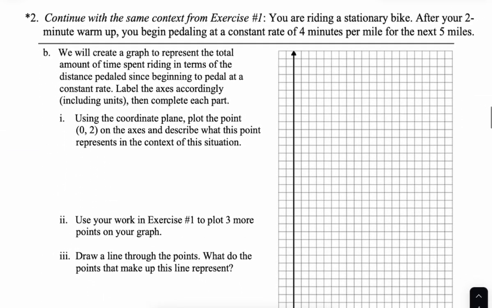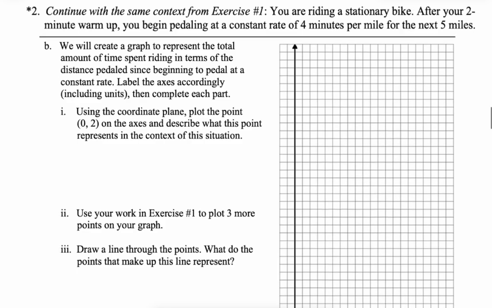Now, let's go ahead and take the information we saw in problem number 1, and let's create a graph of the situation. Okay. So it says you are riding a stationary bike. After your 2-minute warm-up, you begin pedaling at a constant rate of 4 minutes per mile for the next 5 miles.